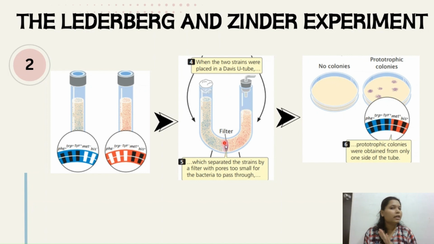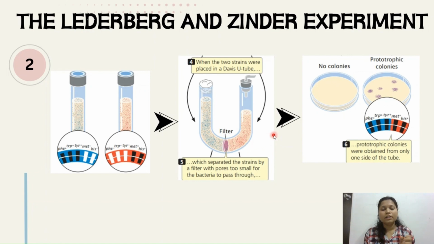This filter did not allow any bacteria to pass through it. That means only phages, that is bacteriophages, and smaller molecules could pass, but not the bacteria. So here they didn't allow contact between the bacteria, which was required for conjugation.